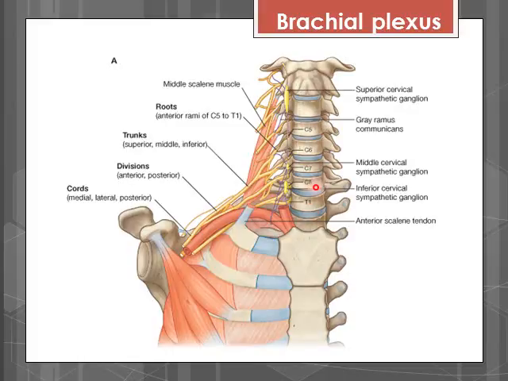Lower four cervical nerves include cervical nerves from C5 to C8. The brachial plexus passes downward and laterally, crossing the first rib, then passes to the axilla.